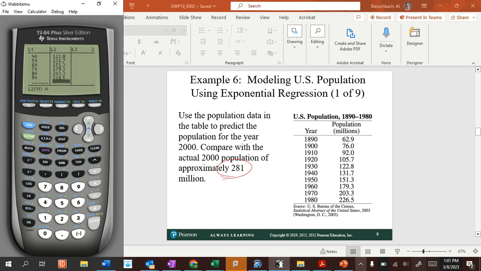All right, so I got a bunch of numbers in there.